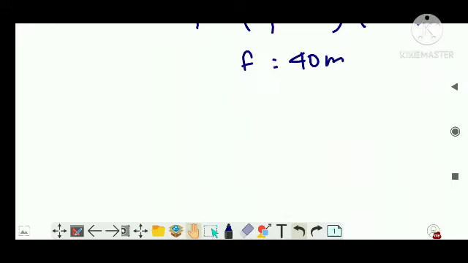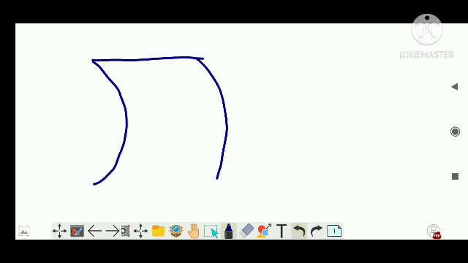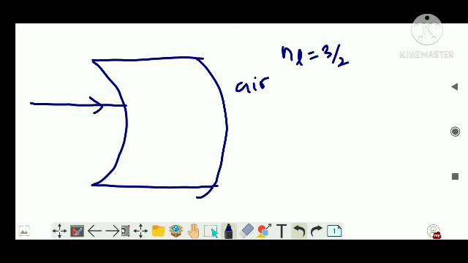Now, similarly, there is a convexo-concave lens like this. Suppose here it is air, and from air the light is passing through the glass of the lens, and then here is also air. Again the same as the previous one, this lens has refractive index 3 by 2, and let's say the focus of this entire system is 2 centimeter.